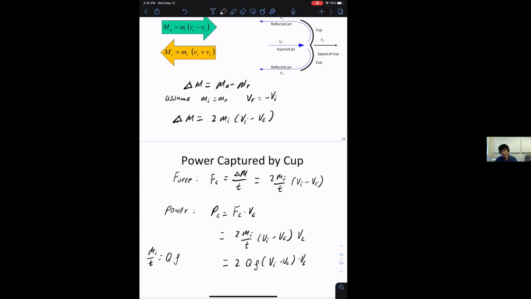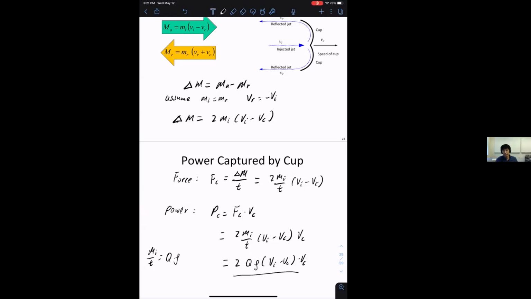Flow rate is much easier to measure in practice, so more often you'll see this equation. We can measure the flow rate and the different speeds, then we can talk about the power generated based on the flow rate, the density of water, and the difference between the jet speed and the cup speed.